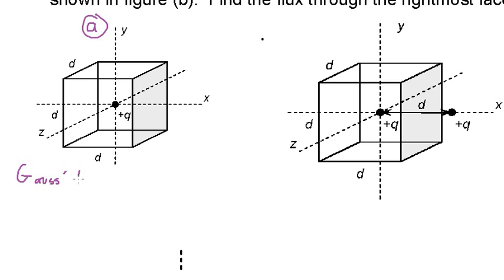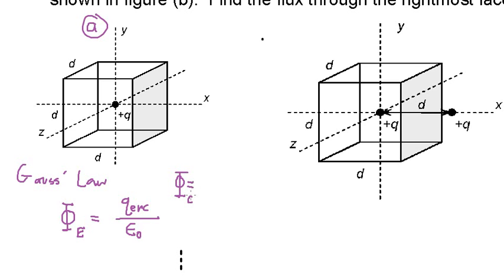Now the flux of the entire cube is given by Gauss's law, which just says that the total electric flux out of a closed surface is just equal to the enclosed charge divided by epsilon naught.